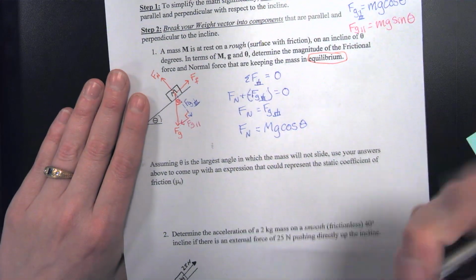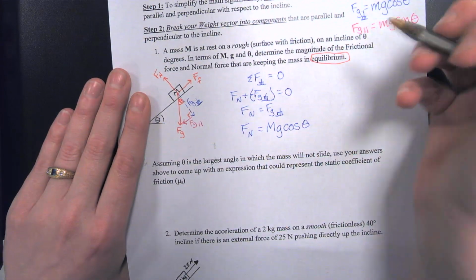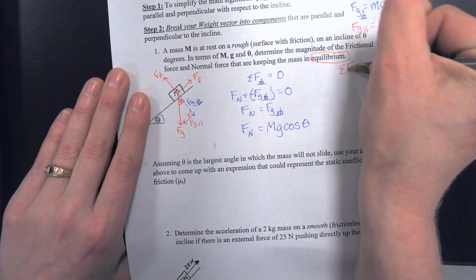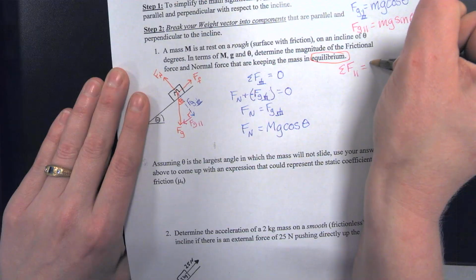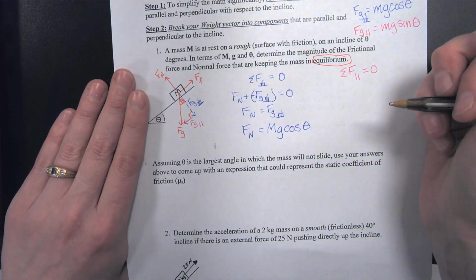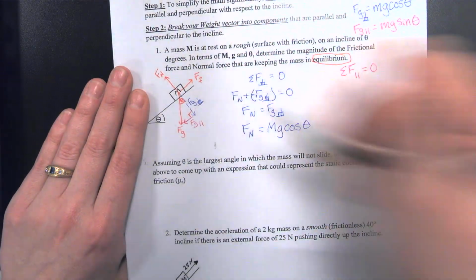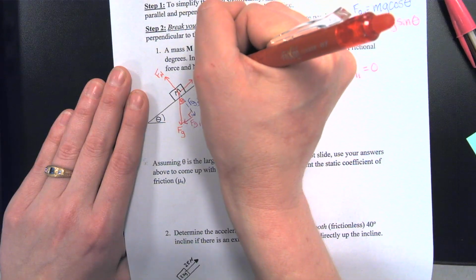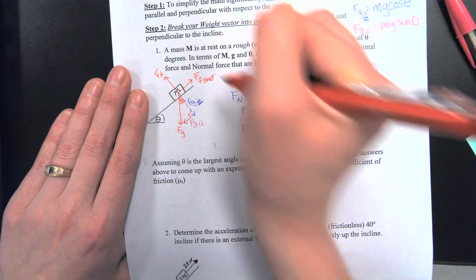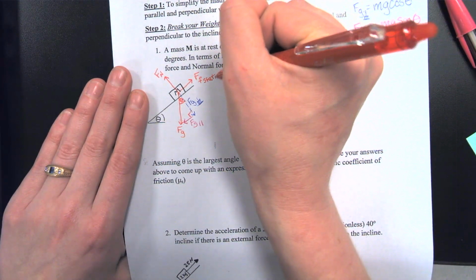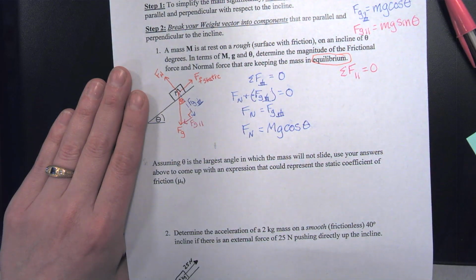And then the same goes for the parallel direction. So we're going to say the sum of the forces in the parallel direction is 0. It's at rest. So that means this is the static force of friction, or FFS, or FF static.